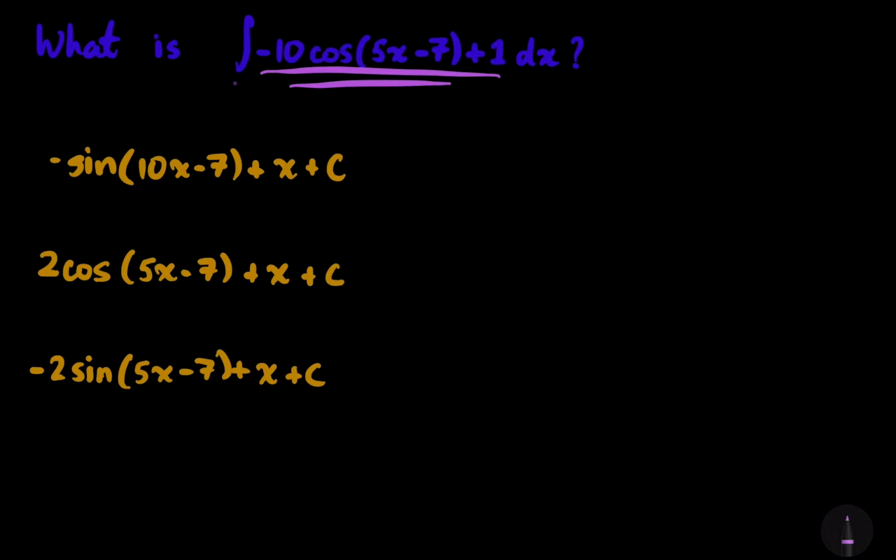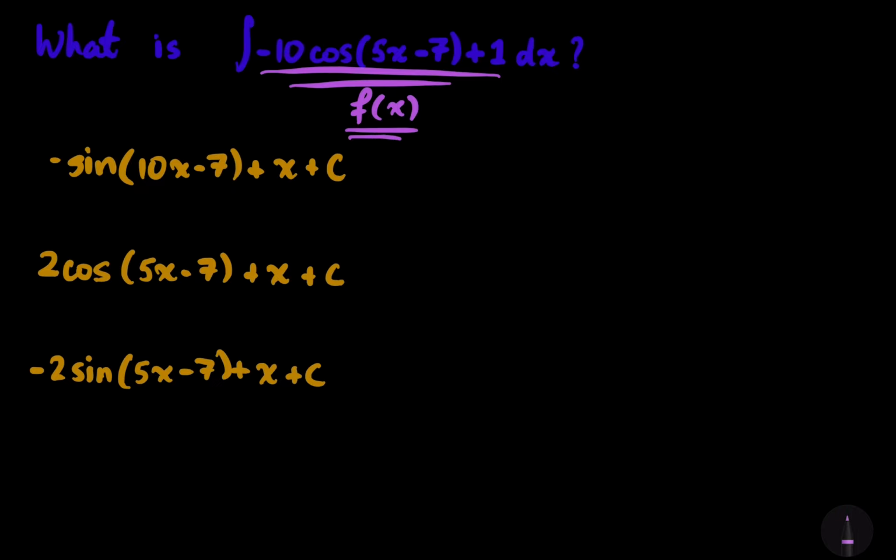We can call this function lowercase f of x. When we integrate this function, we are taking the antiderivative of it, which means that when we take the derivative of this integral, we should just end up with lowercase f of x.